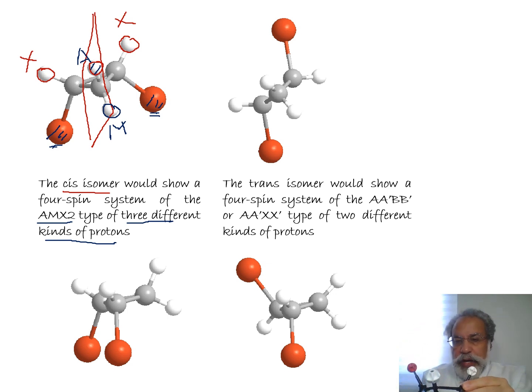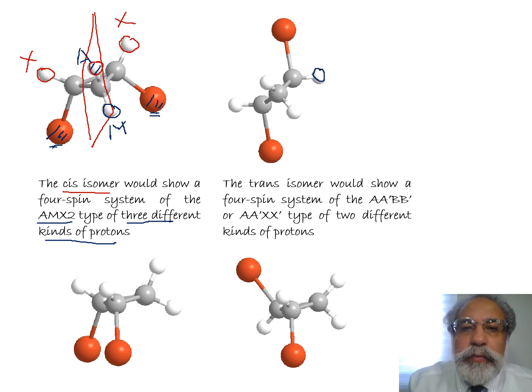So you have an axis of symmetry, as these two hydrogens are homotopic, and these two hydrogens are homotopic. The C2 axis of symmetry, 180 degrees, you find them the same.